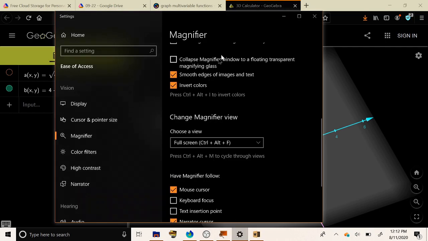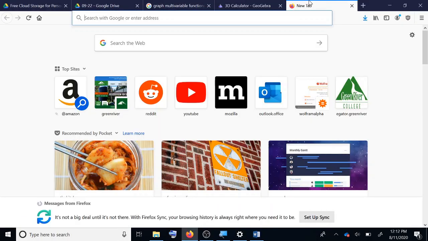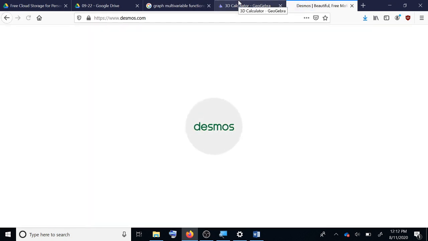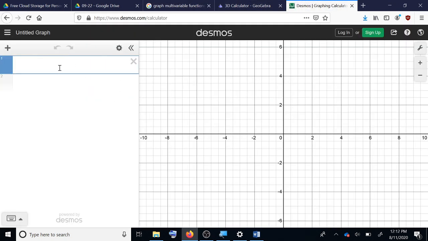Let's go ahead and invert colors again, and let's go out to Desmos. And we can, for example, here in two-dimensional Desmos land, get sketches of the level curve corresponding to z equals 4. It's not visible because it's just this single dot.